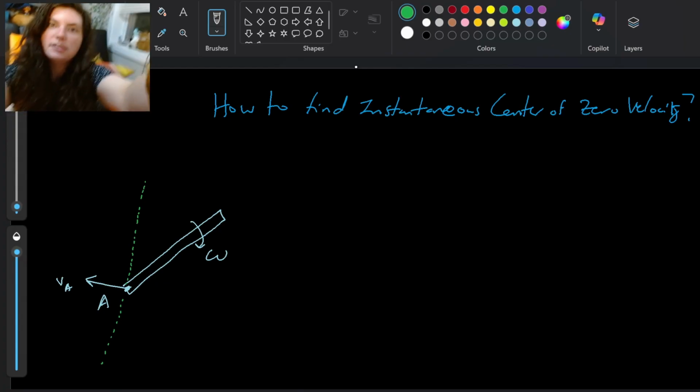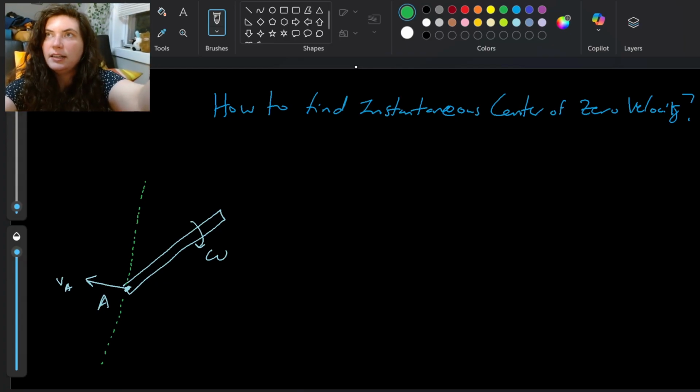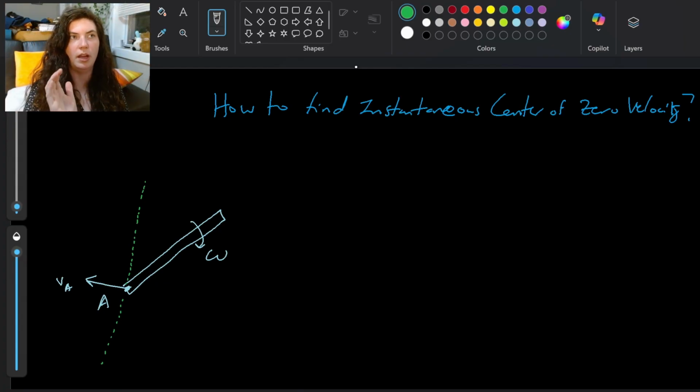Our angular velocity, if we remember, has that K value, where if I'm going counterclockwise, my thumb points upward out of the page. And if I'm going clockwise, like we have in this image here, I'm going into the page.